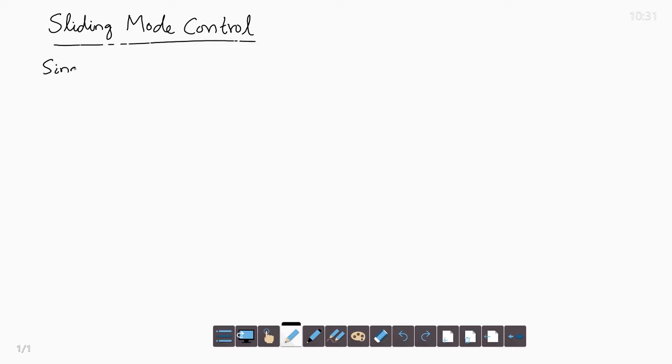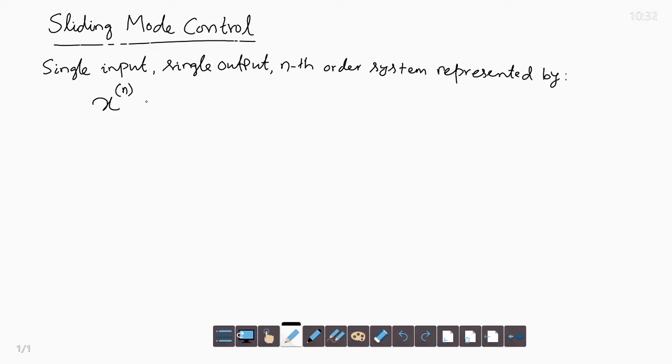So single input, single output, nth order system represented by x^(n) equals f(x) plus b(x) into u.